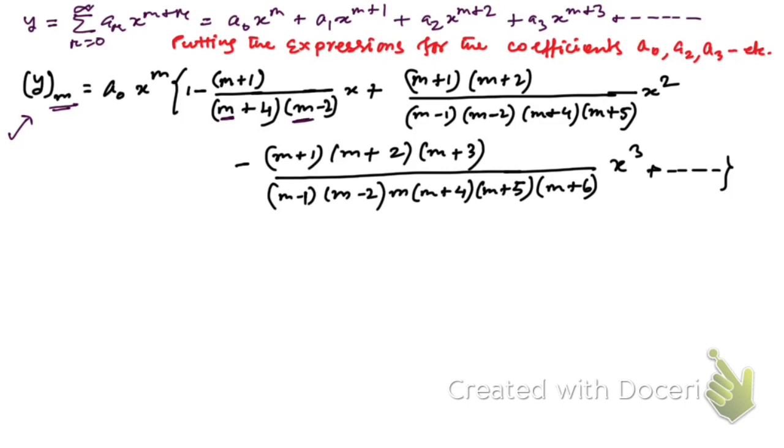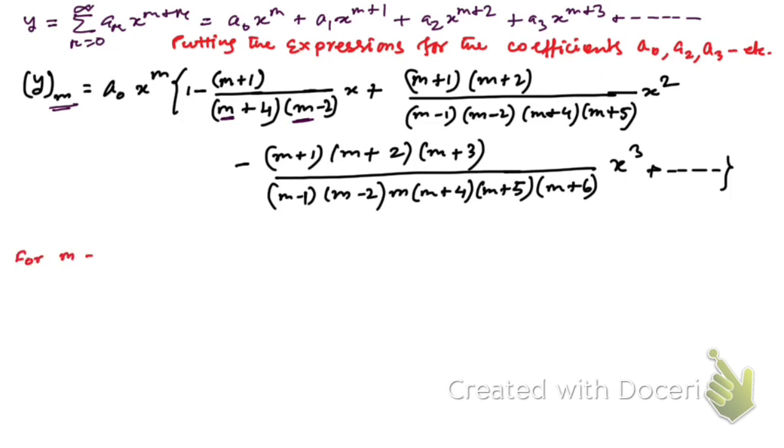This is the solution for m equal to m. Then we're going to obtain the solution for m equal to m1, that means we put 3, and then the value of y for m equal to m2, that means 4 minus 3 as well. So we're going to obtain those as well, right? So hope you have understood this.